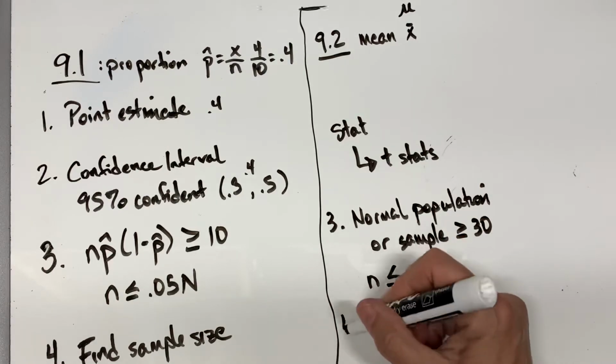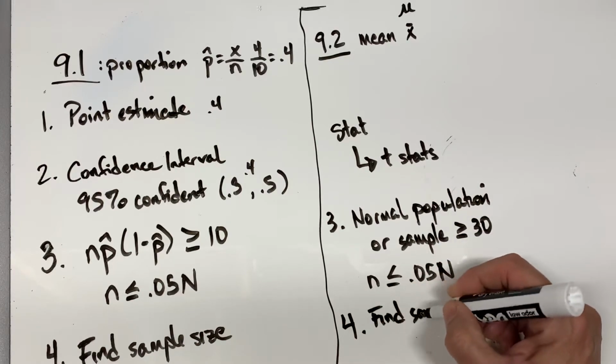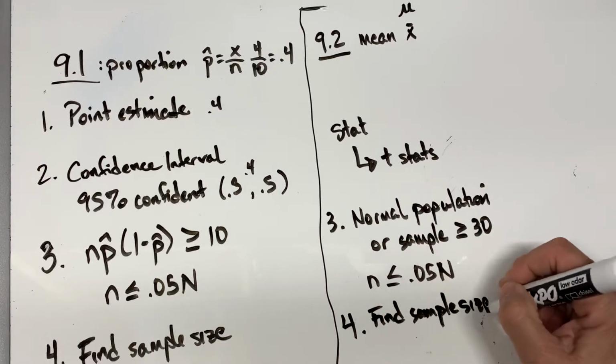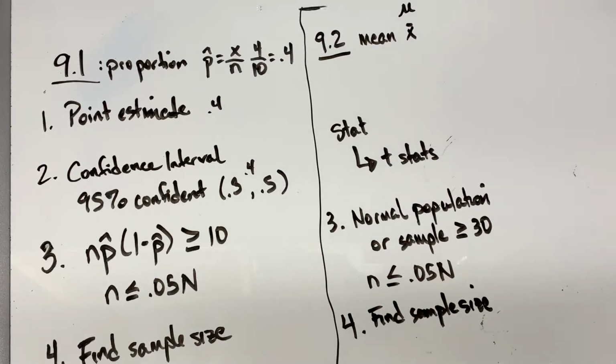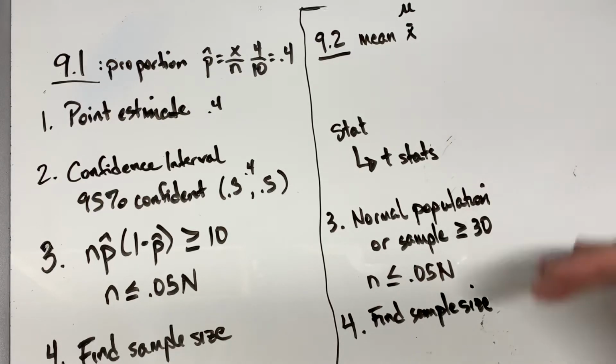The fourth thing is they may ask you to find the sample size. And if you do, then that's where you go down to that width on StatCrunch. Instead of doing the confidence interval, you go down to the bottom part of the menu that says the width, and then you plug in the stuff that you need to plug in.